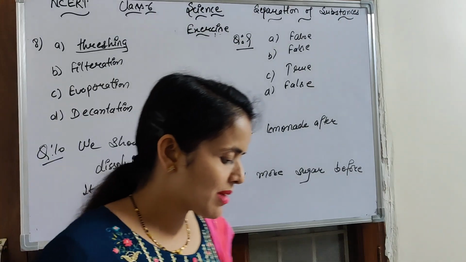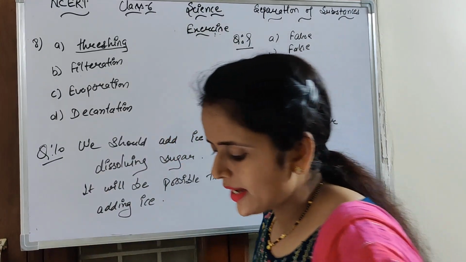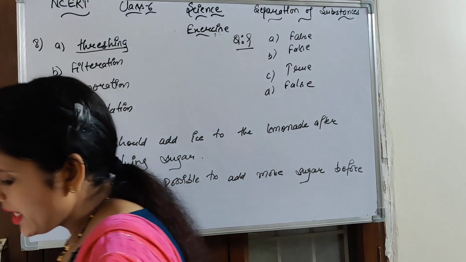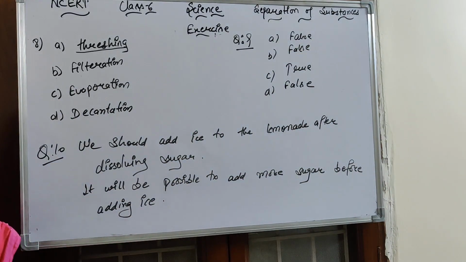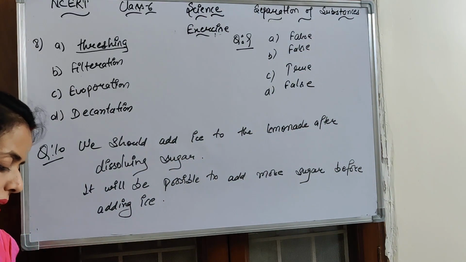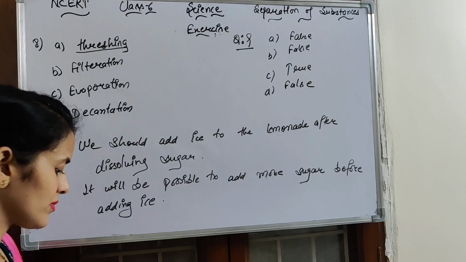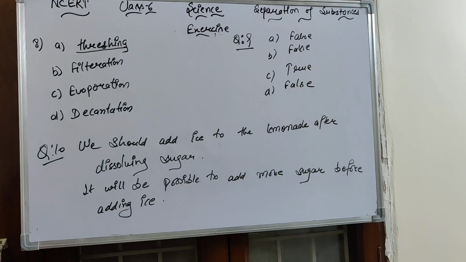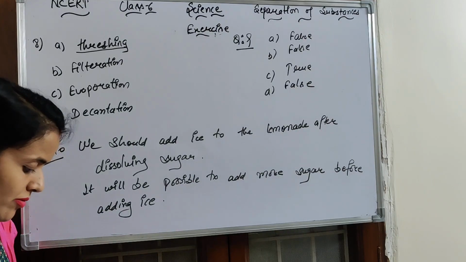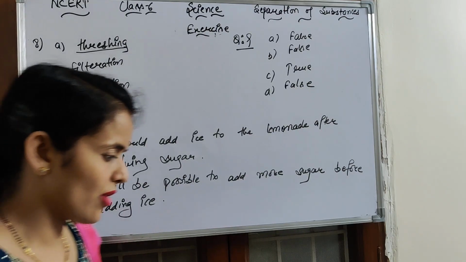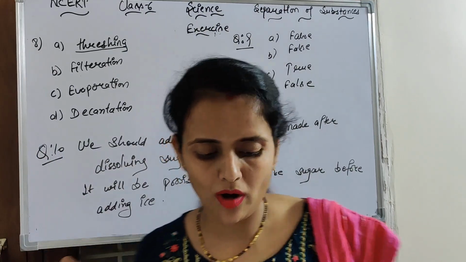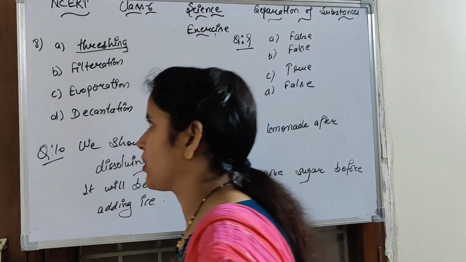Part B. When milk cooled after boiling is poured on a piece of cloth, the cream is left behind on it. This process of separating cream from milk is an example of filtration.